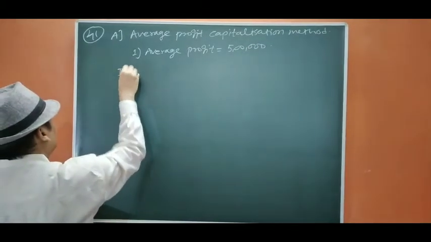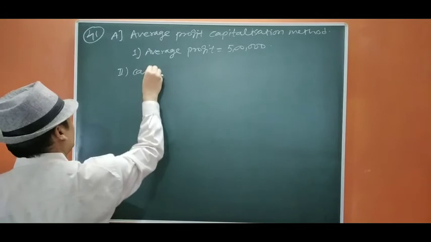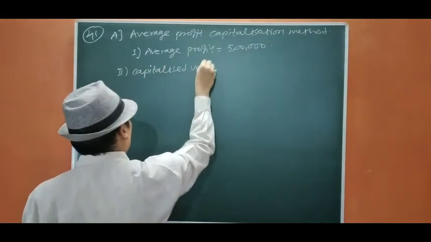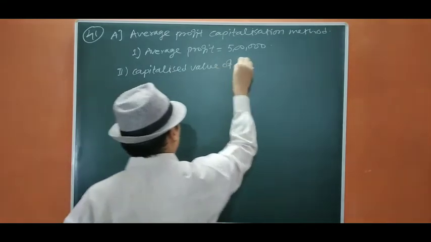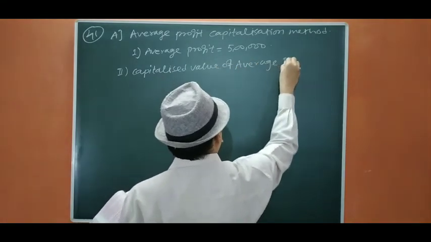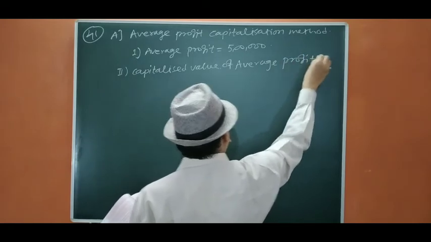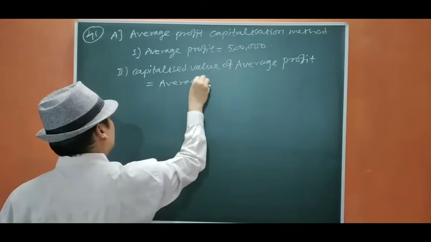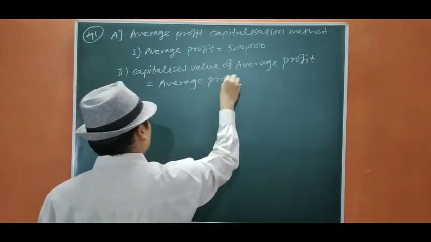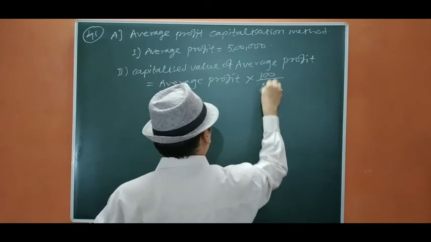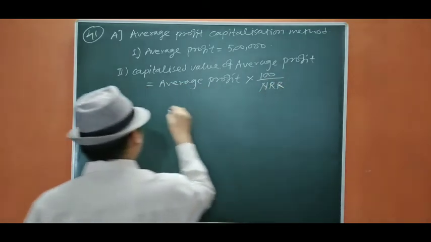The second one is capitalized value of average profit equals to average profit into 100 upon normal rate of return.